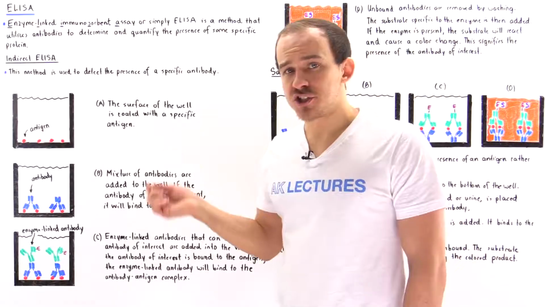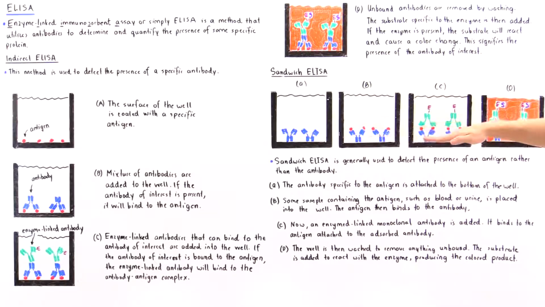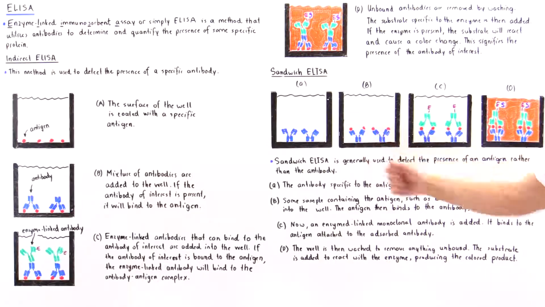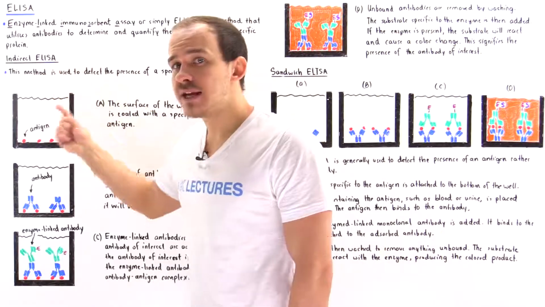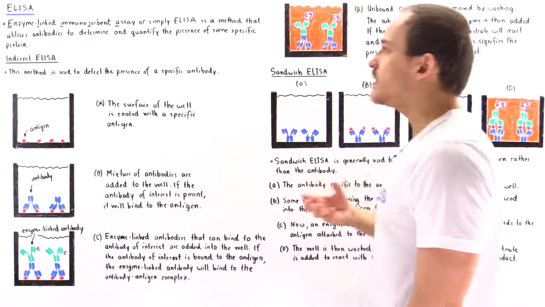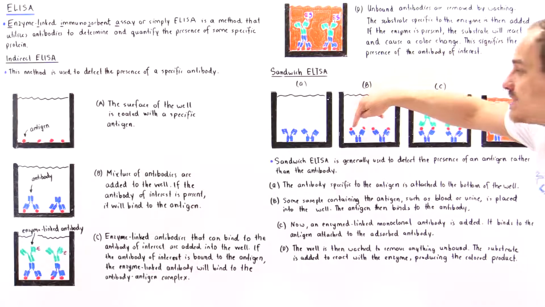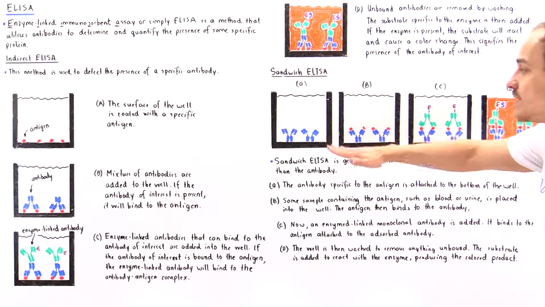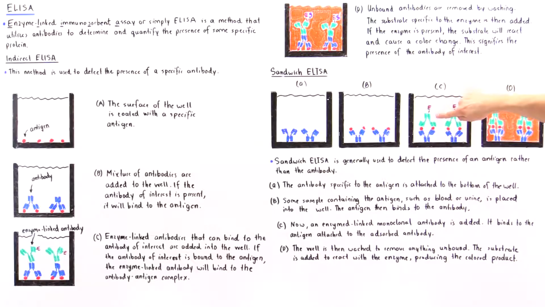And if the antigen is present in that mixture, it will bind to our antibody that is coated on the surface of our well. So we form the antibody-antigen complex. And now in step C, we add that enzyme-linked antibody that we synthesized in the laboratory setting, and we place it into our well. And if this complex exists, then the green antibody that contains the enzyme E will essentially bind to that antigen.